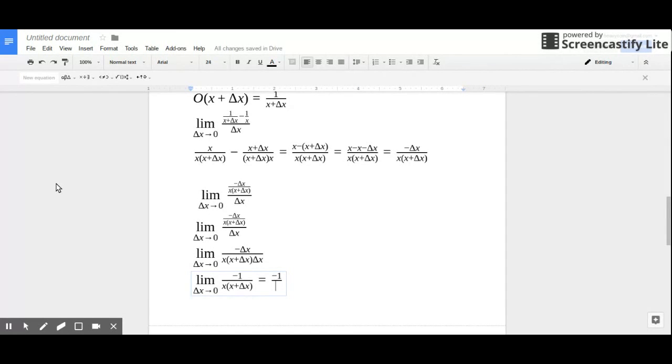And then in the bottom, we've got this x times x plus delta x, but you see delta x going to 0. So we're going to do the direct substitution, plugging 0 directly in for delta x, and then we'll simplify this thing down.